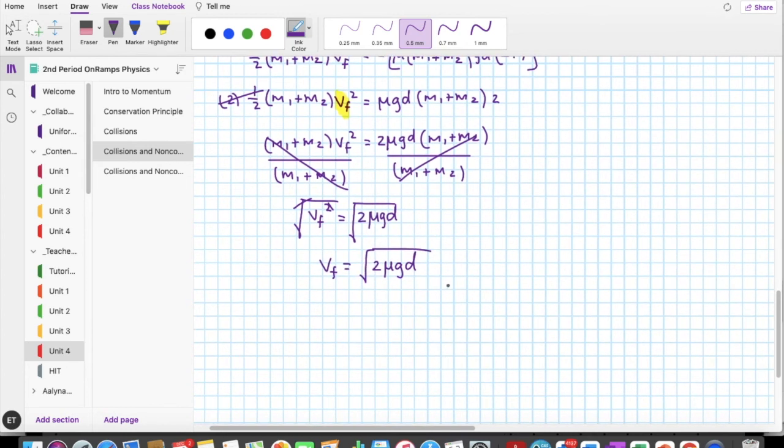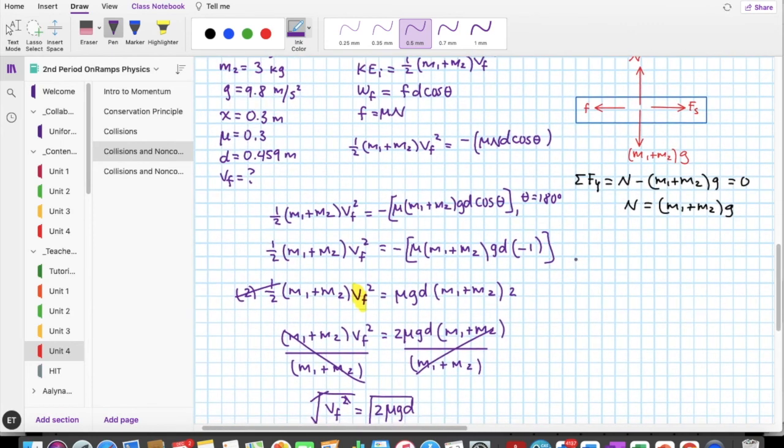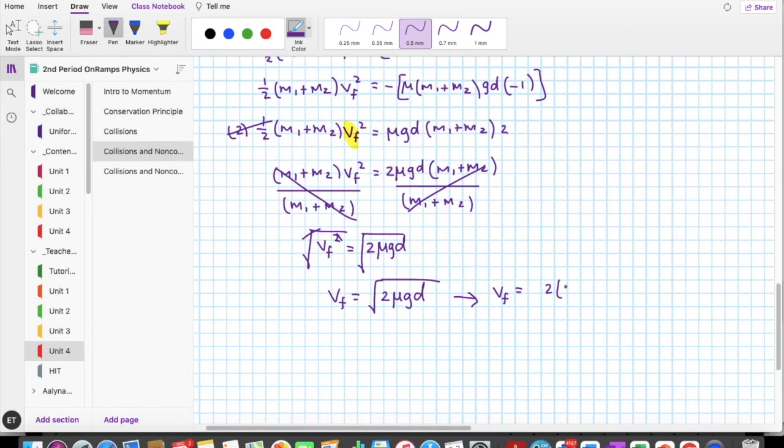Okay, let's substitute over here. Velocity final, that is the velocity after the collision. That'll be, again, I'll do the square root at the end, 2 times coefficient of friction, which was 0.3, no units, times 9.8 meters per second squared for acceleration due to gravity, times the distance.